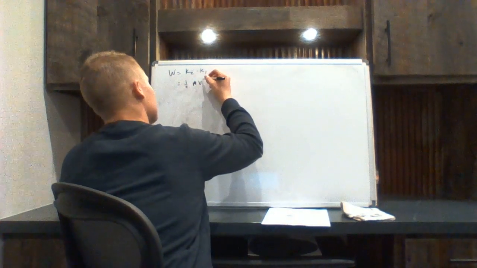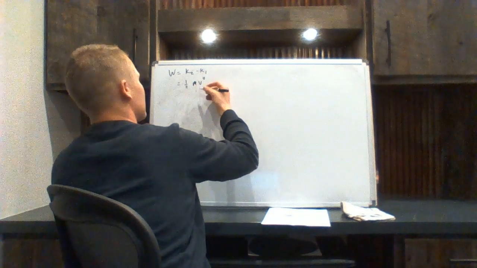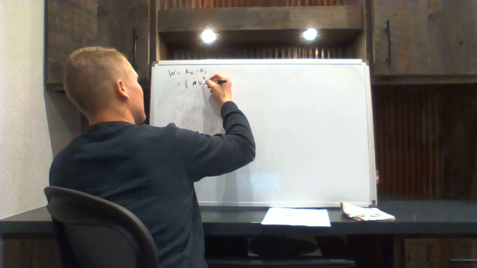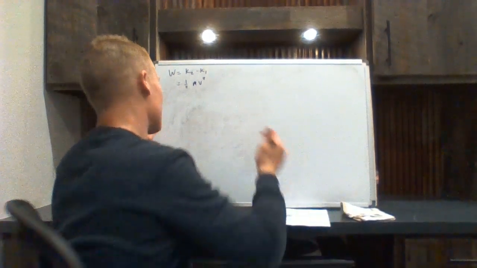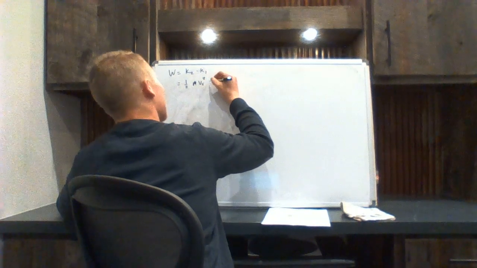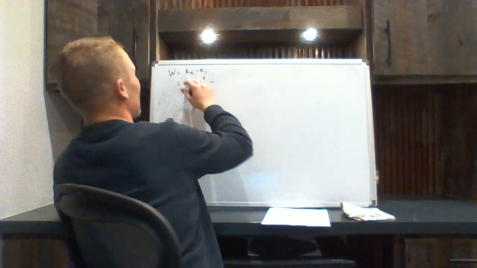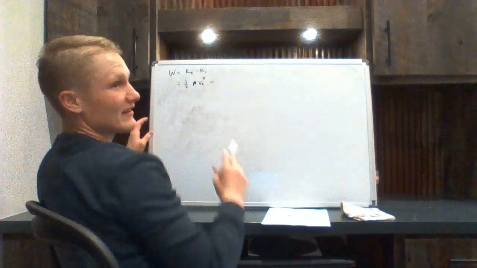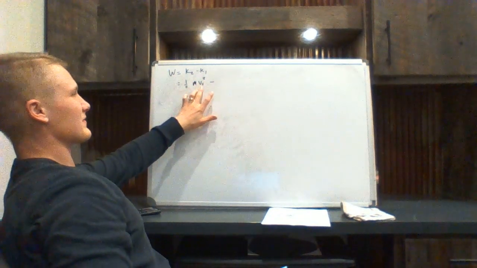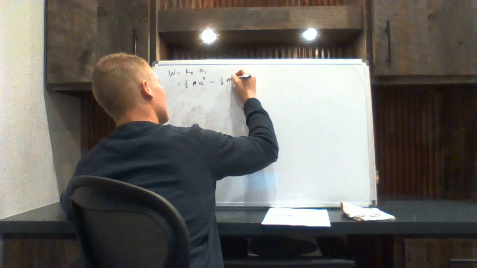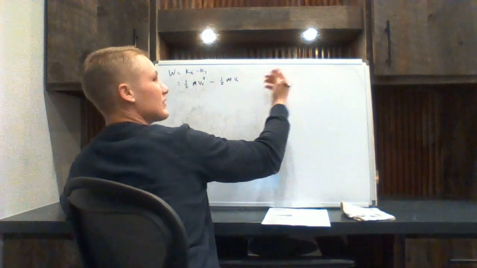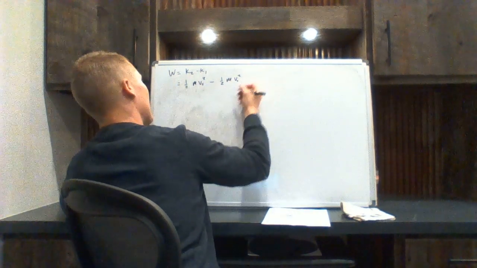Mass times velocity squared. And this would be our final velocity, so V final, and then minus K1, which is 1/2 mass times initial velocity, your 0.9 squared.